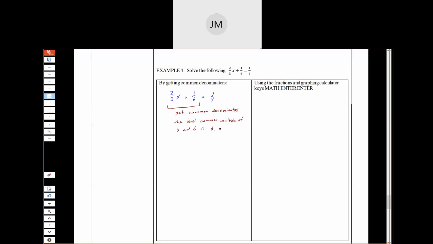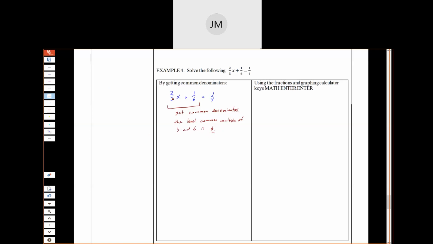What are all the multiples of 6? 6, 12, 18. And what I want to do is find out which one matches both lists. And I want the smallest one that matches both lists, because I want to keep my numbers as small as possible.